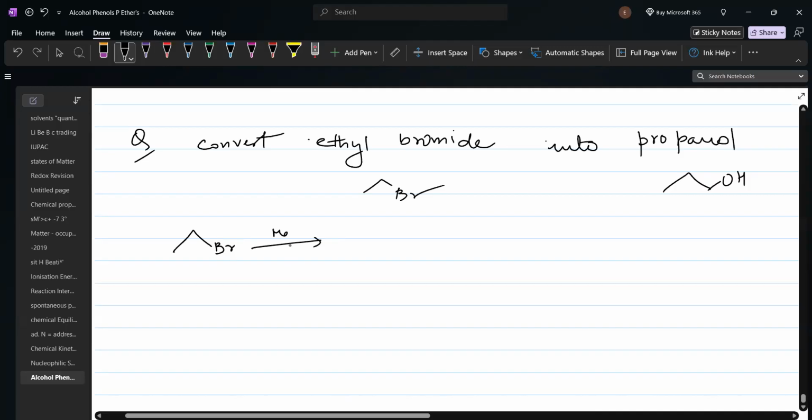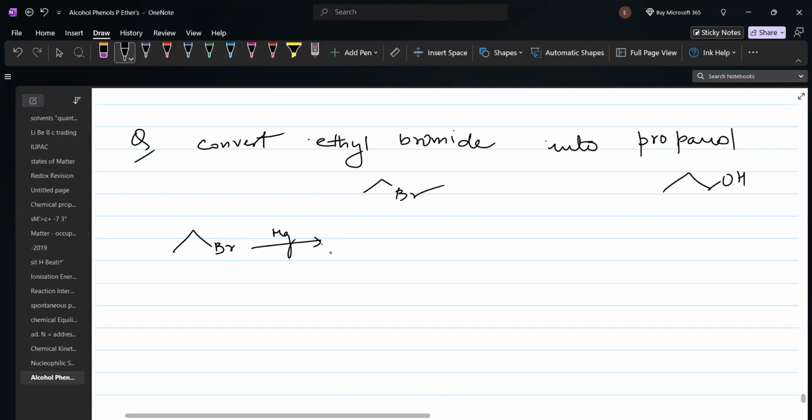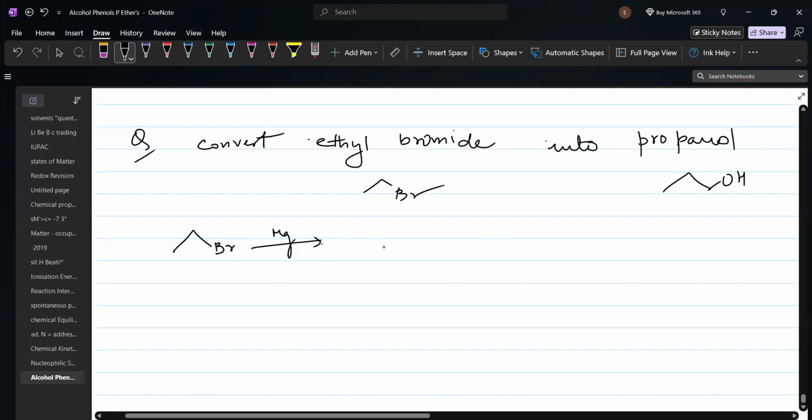When we add magnesium to haloalkane, Grignard reagent forms. I have already told that the metal will come in between carbon and halogen. So this one will form Grignard reagent. Yes or no? Yes, sir.